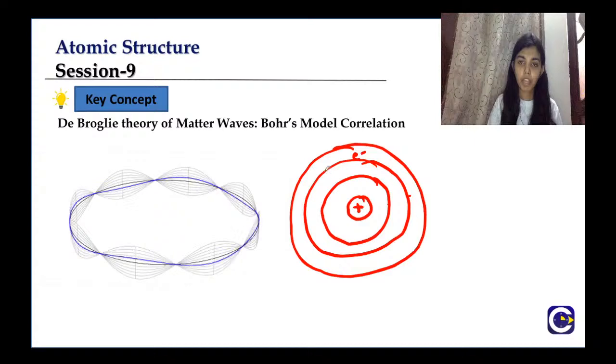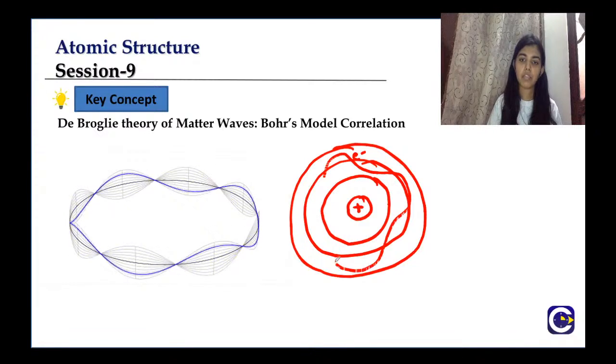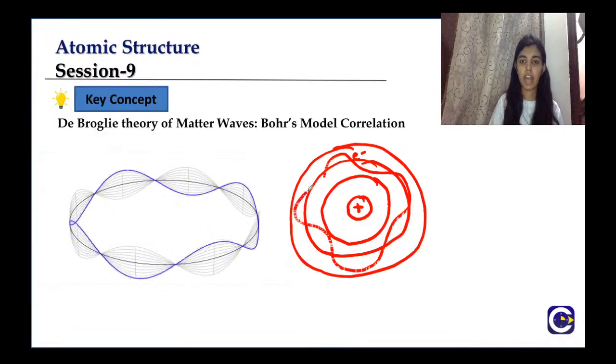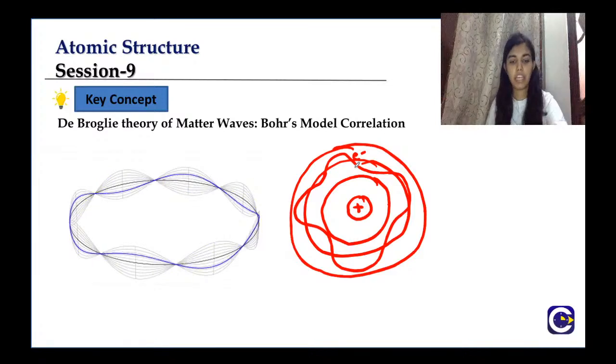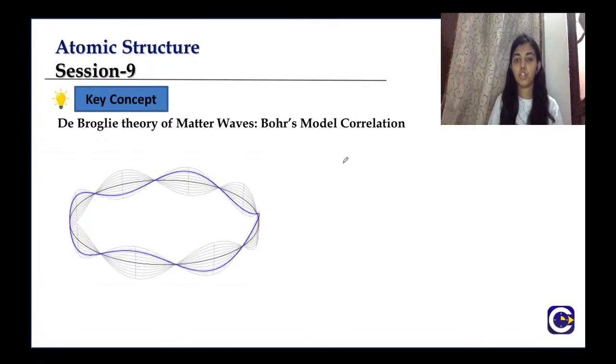So here we can draw the matter wave associated with that electron like this. We can draw a matter wave associated with this electron, which is moving in a certain orbit. Also, he found a relation that 2 pi r equals n lambda.